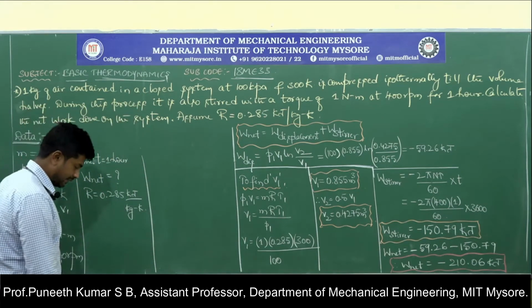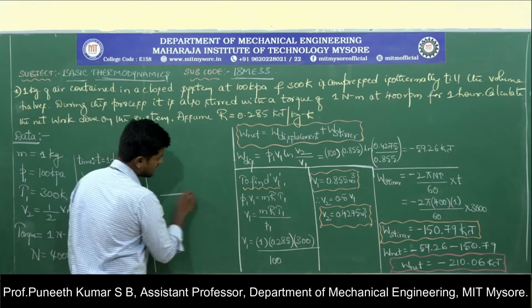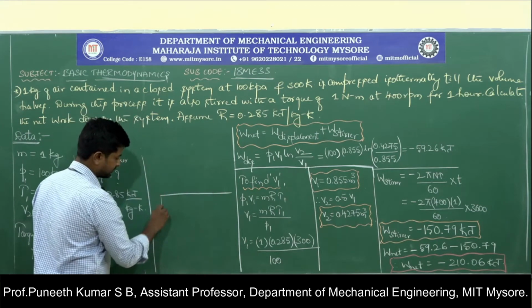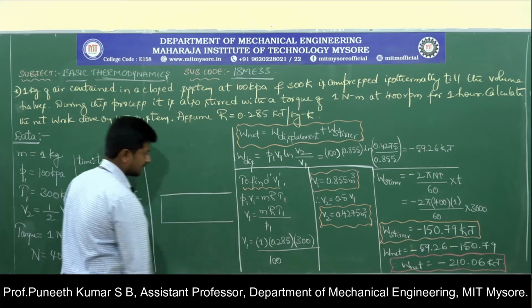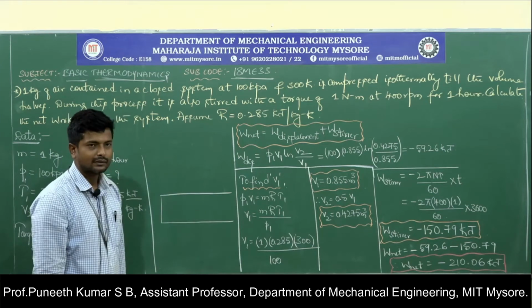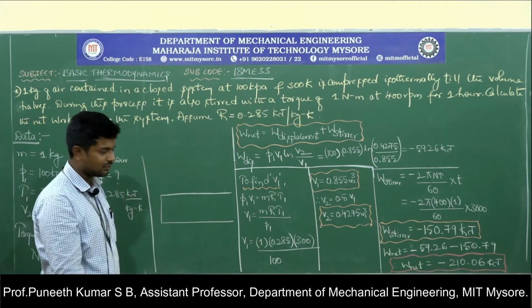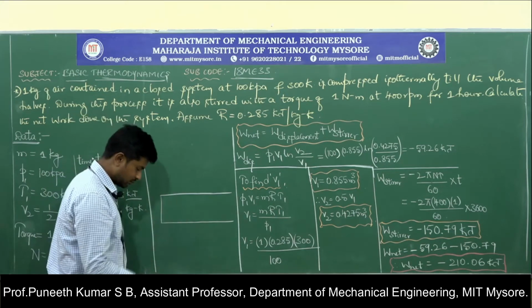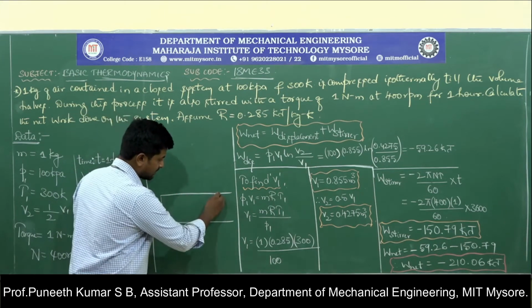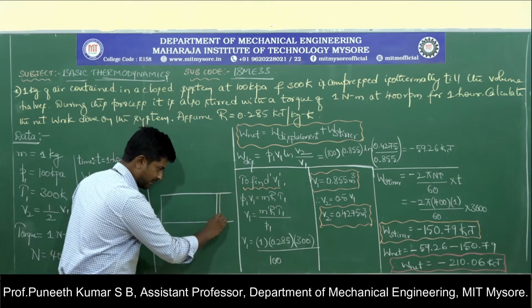So let me represent this in a pictorial format. There is a piston cylinder arrangement. Now in this problem the system is undergoing compression. So it is very easy to understand or to estimate.